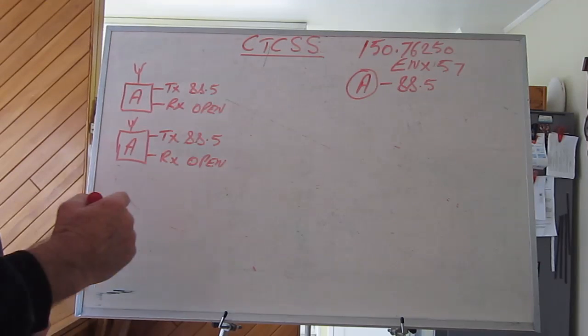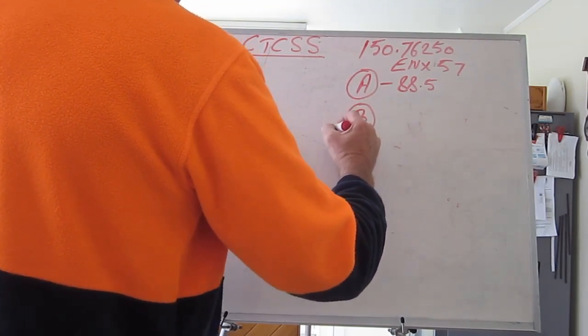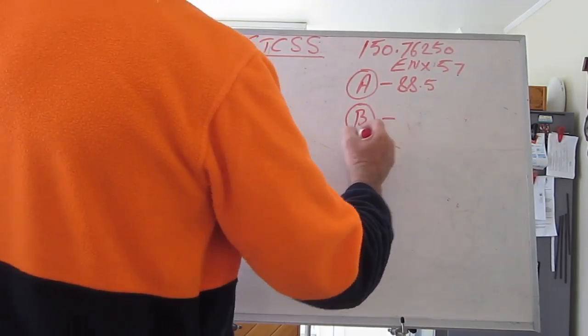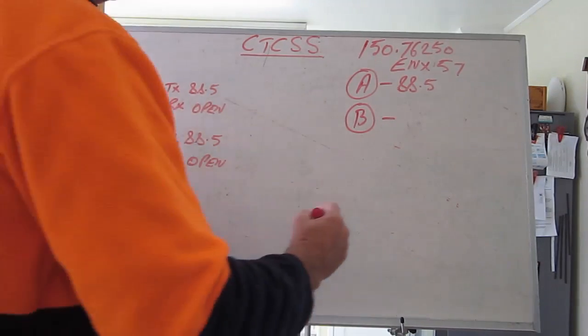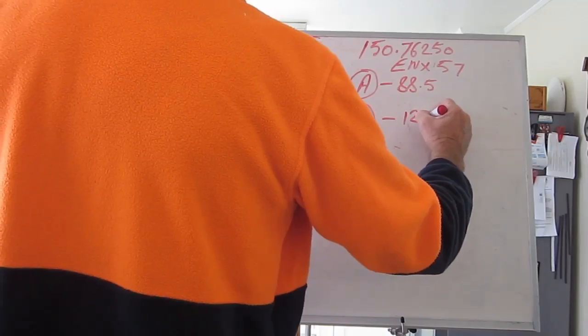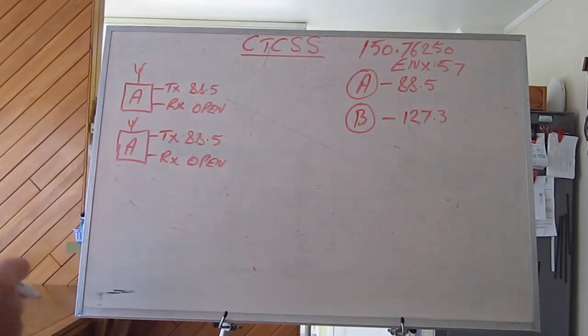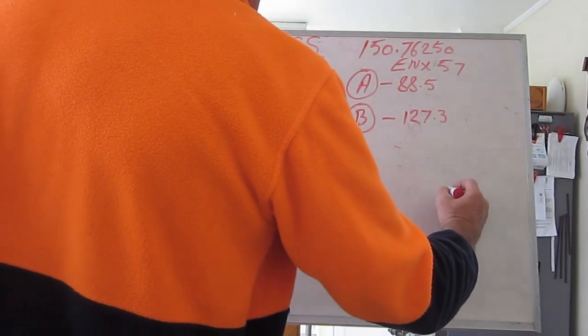However, we had a small problem because Company B came along. Company B was given a license on the same frequency, and they were given a CTCSS tone of 127.3. We'll draw Company B over here in this corner.